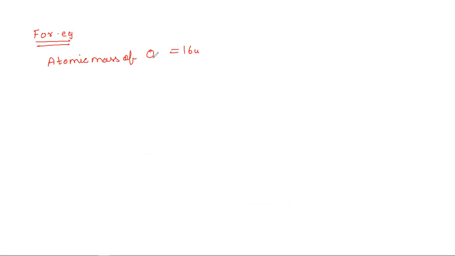When I express this atomic mass of oxygen in grams, that time it will be known as gram atomic mass. So gram atomic mass of oxygen is equal to 16 grams.